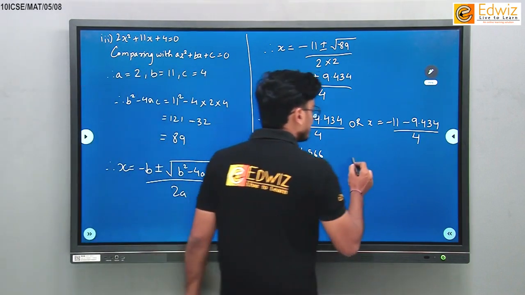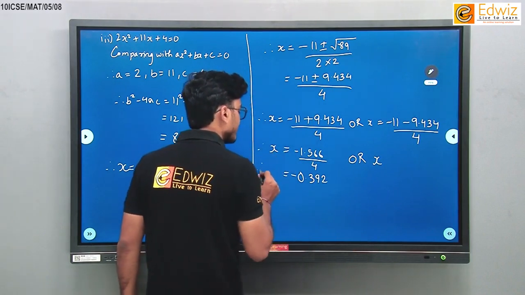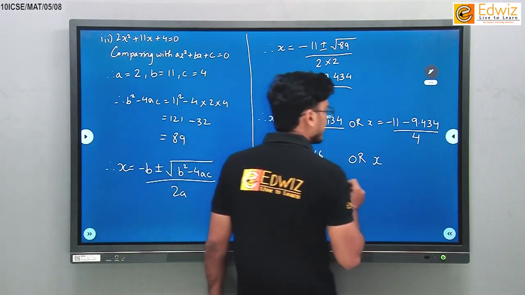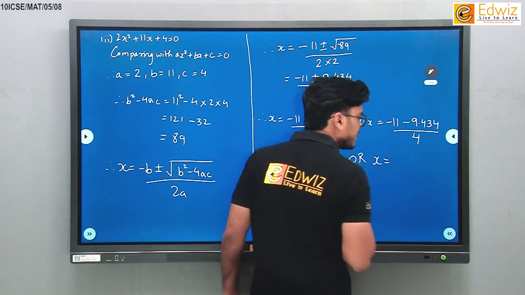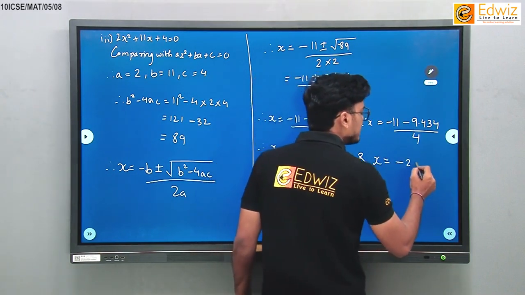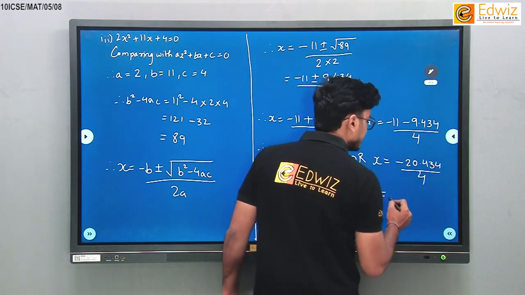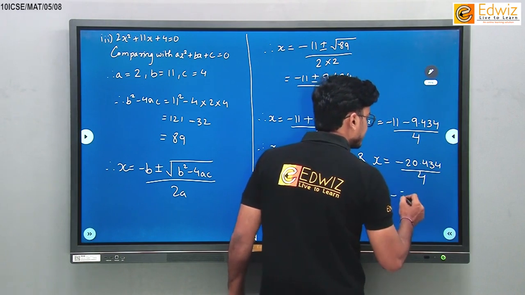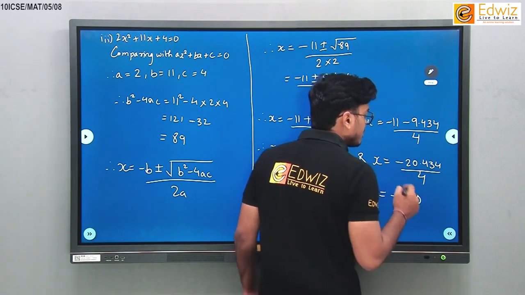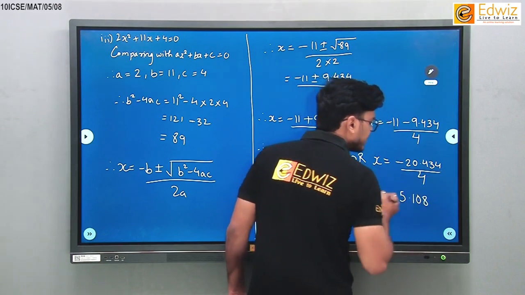Now the second possible value of x can be, here these are the values of x. This time both are negative, so we will add them and give a negative sign. Addition will be 20.434 divided by 4. So the answer is minus 4 5s are 20, 0.4 zeros are 0. Then we have 34, 4 8s are 32.